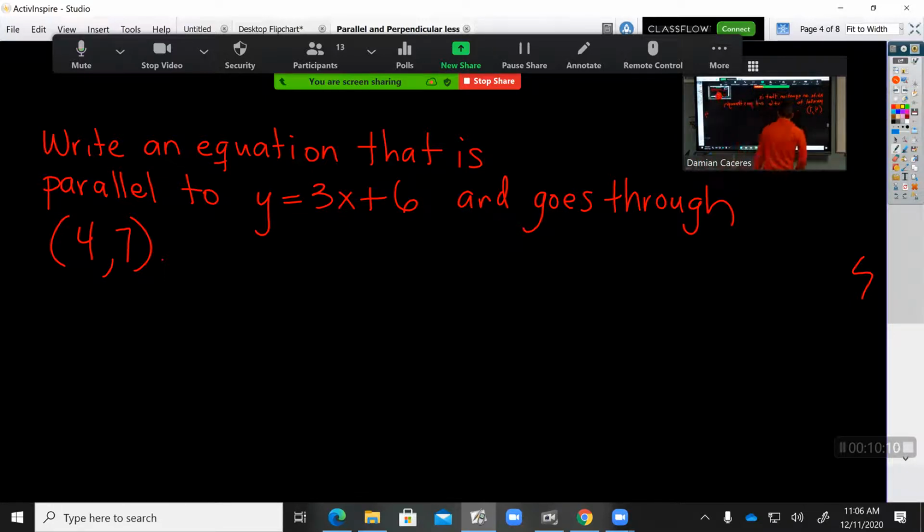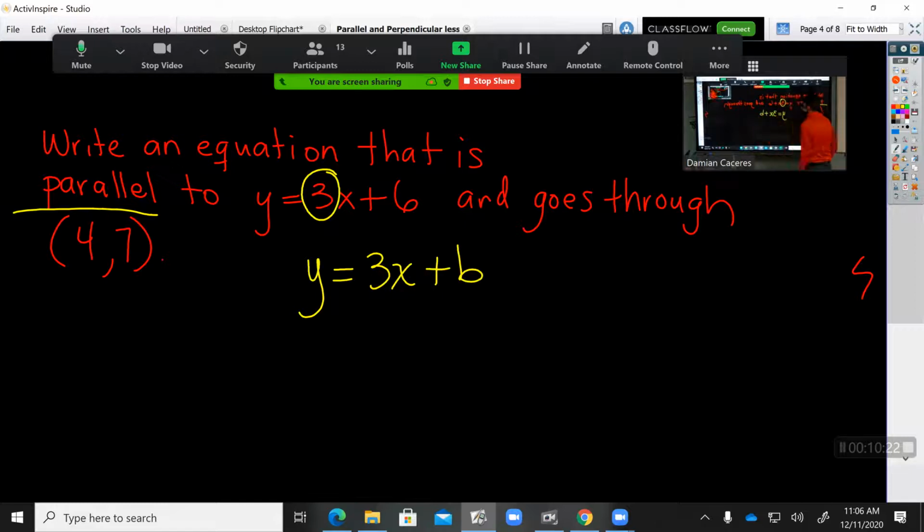So now, if it says parallel, then all you do is grab the slope from this equation to write a new equation. So the only thing you're taking from the original equation is the slope. That y-intercept, you can erase it. It means nothing to us.